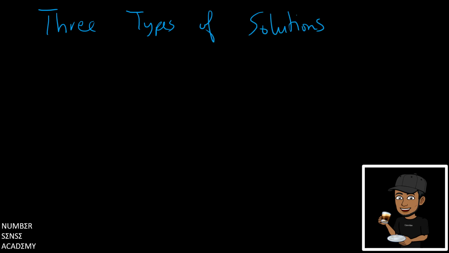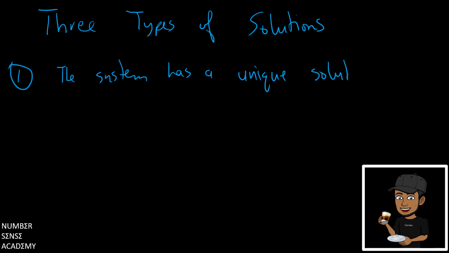So there are three types of solutions. Okay, so the first solution is that you end up with a unique solution. So the system has a unique solution.